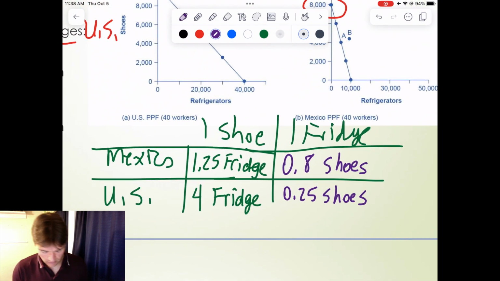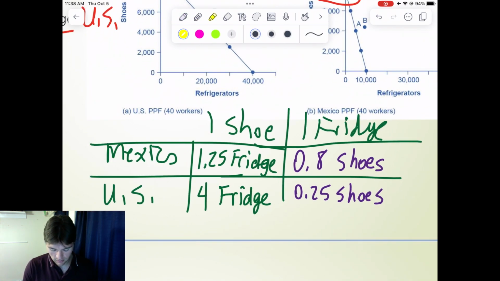So looking at this chart here, who can make shoes cheaper? Mexico can make 1 shoe for 1.25 fridges, and the US can make 1 shoe for 4 fridges. So Mexico is going to be the one that makes shoes.